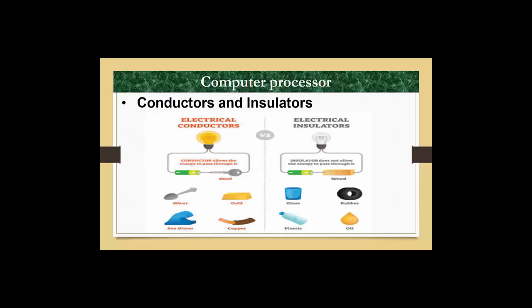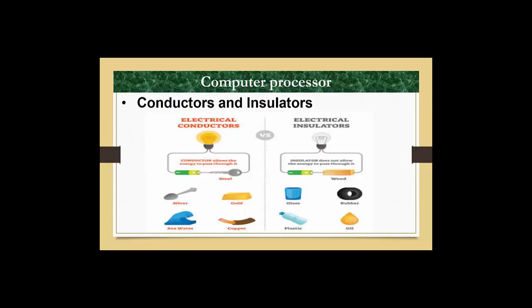Overall, we can say, students, that insulators don't allow the electrons to pass, and the conductors allow electrons to pass. Insulators like rubber, wood, or glass do not have many free electrons through which the current can pass.